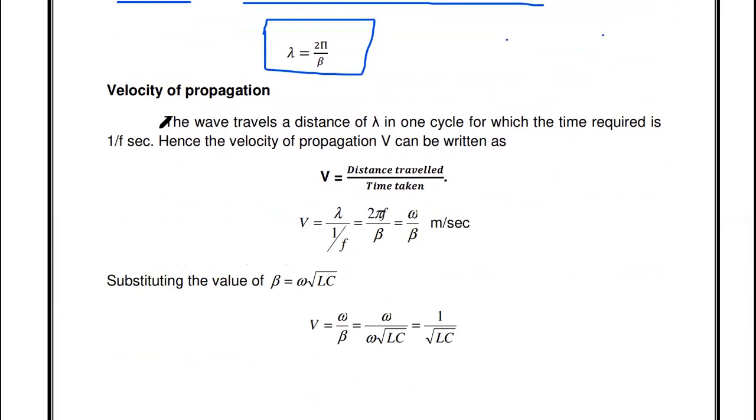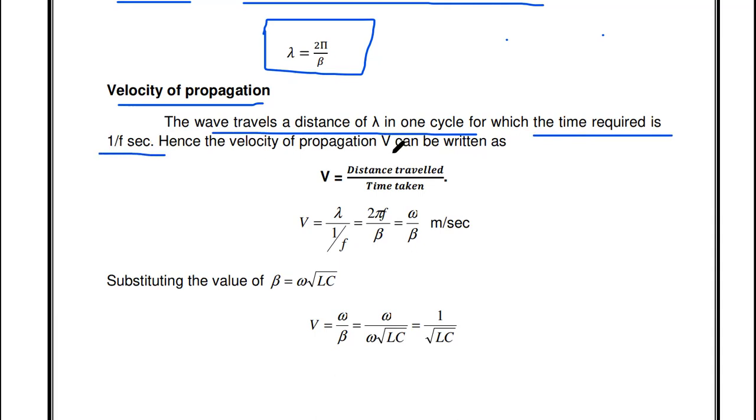Then the next thing, velocity of propagation. Already you know velocity. What is meant by velocity? Velocity is the ratio of the distance traveled by the wave to the time taken. So the distance traveled divided by the time taken is said to be the velocity of propagation. The wave travels a distance of lambda in one cycle, for which the time required is 1 divided by f seconds.